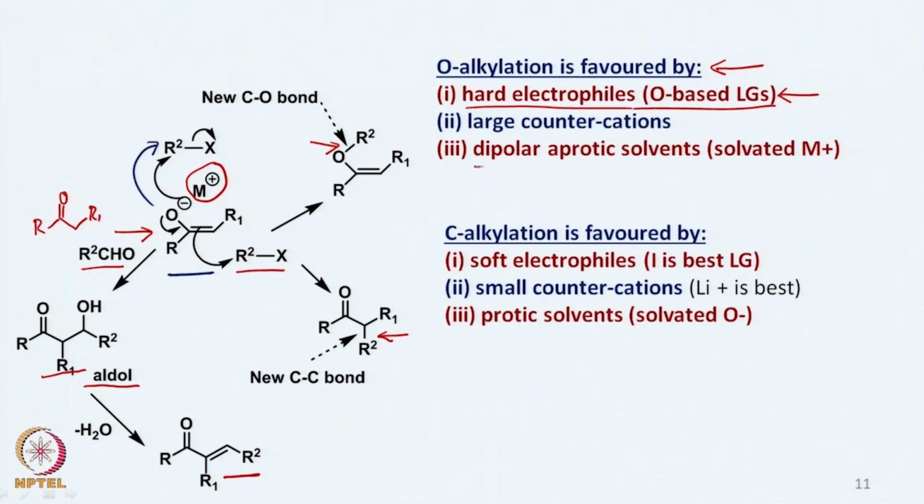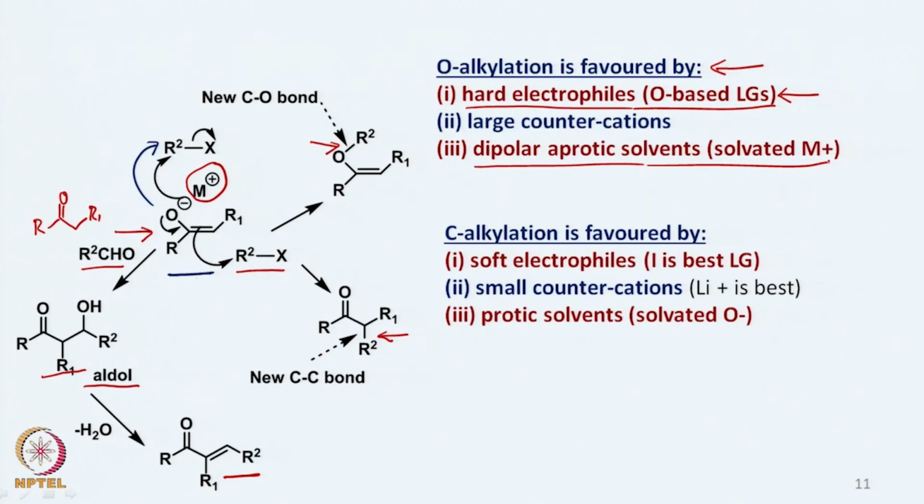And dipolar aprotic solvents solvate M plus. That means if we have dipolar aprotic solvents like DMSO or acetonitrile or DMF, they would have a coordination with the M plus, and then the M plus is somewhat removed, and therefore the O minus negative charge is available for the electrophile to attack. So that is how O alkylation can be favored.